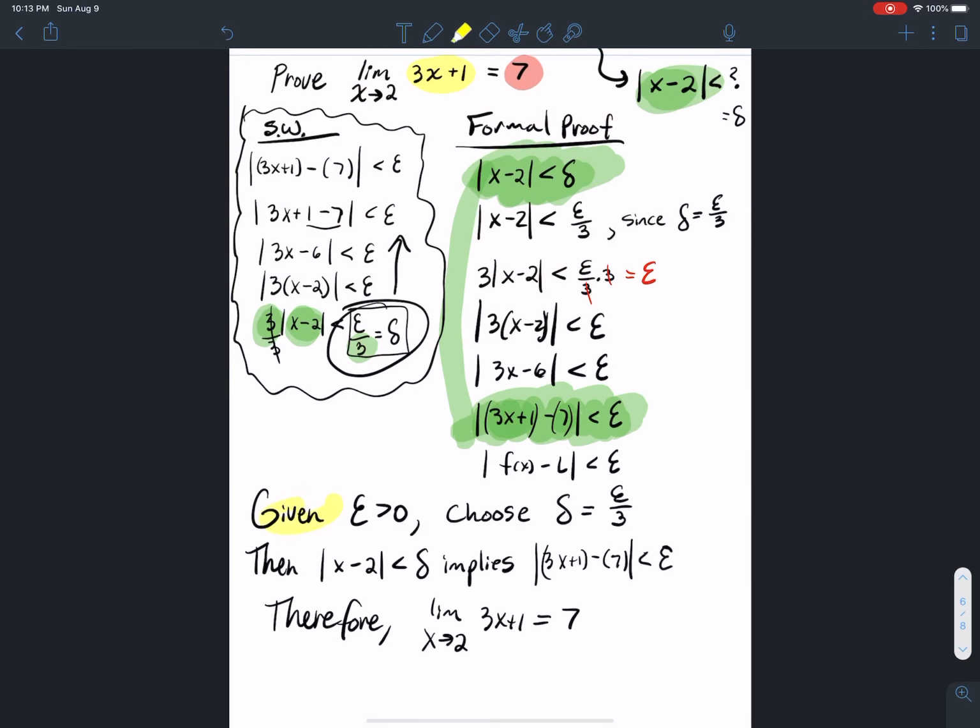Almost every single time, you're going to say given epsilon greater than 0, unless you need to make some weird restriction on epsilon, but it's rare that that happens. And then I'm going to choose delta equal to something, okay? Then I have absolute value of x minus something less than delta, implies, and then I have my function minus the limit less than epsilon. Therefore, the limit as x goes to something is equal to this, okay?